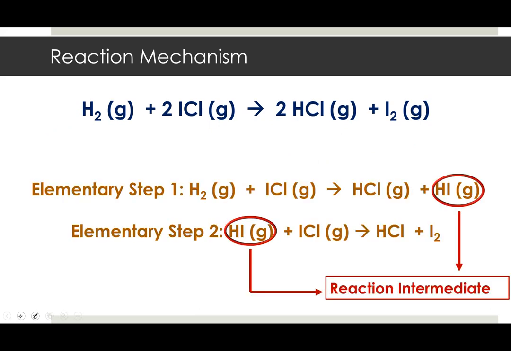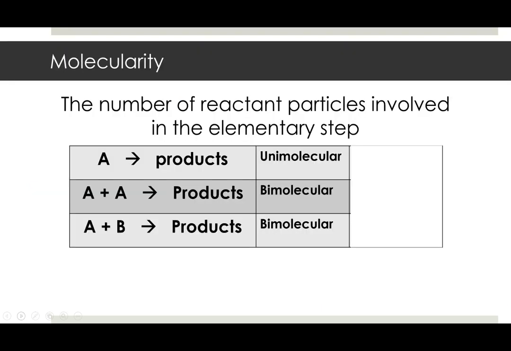And of course, I've got this in the slideshow, reaction intermediates. Okay. So just a little bit of terminology before we move forward with this chapter. The number of reactant particles involved in the elementary steps tend to have names.